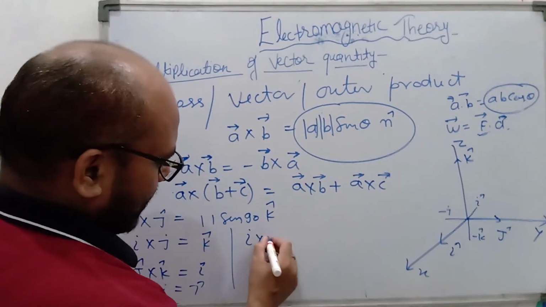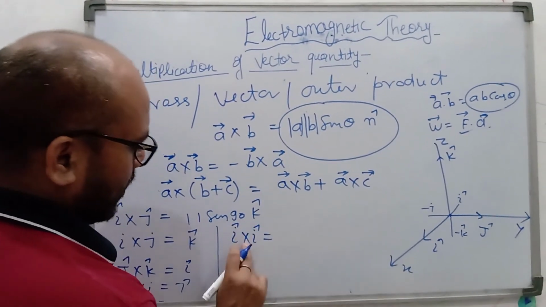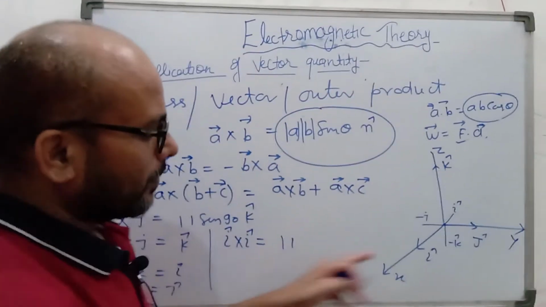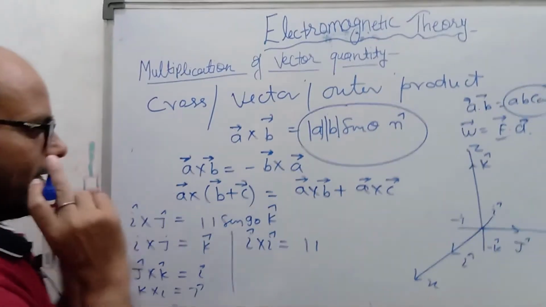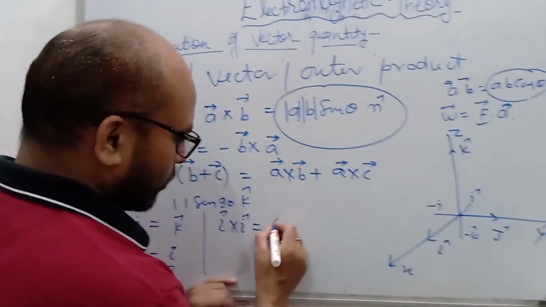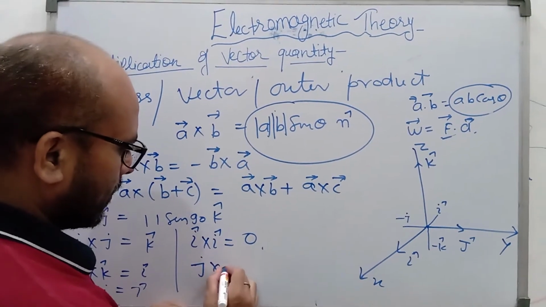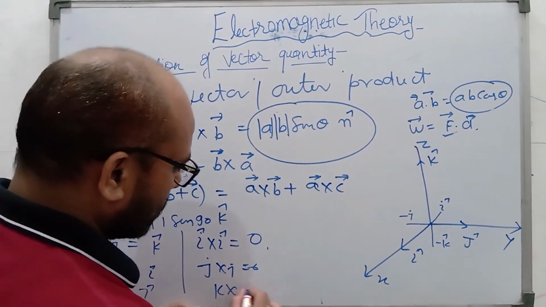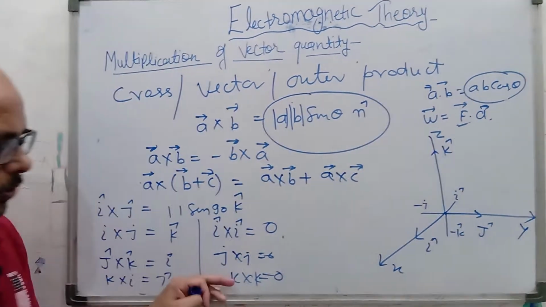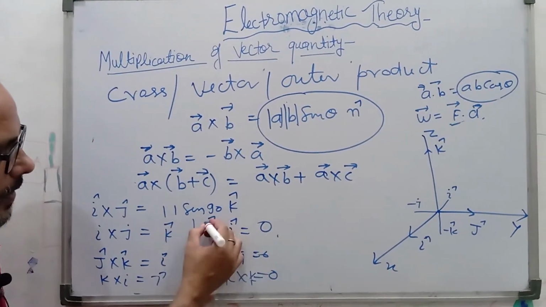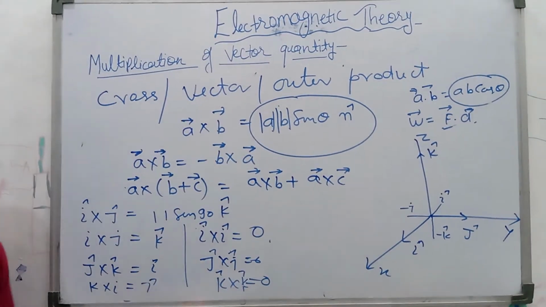And i cross i: magnitude 1 and 1, the angle between the two vectors is 0, sin 0 equals 0. So i cross i equals 0, j cross j equals 0 and k cross k equals 0.